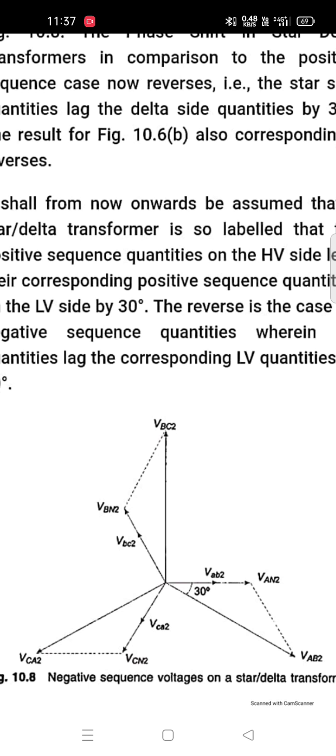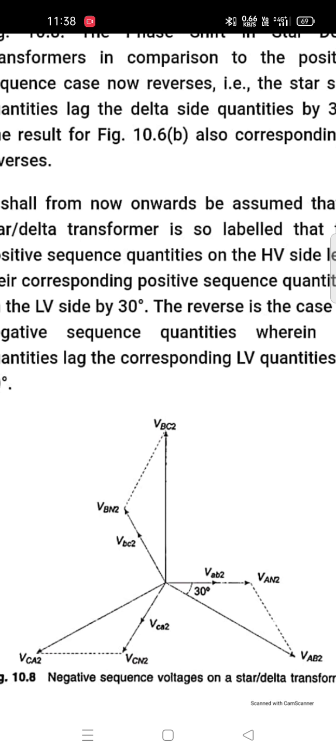From now onwards we assume that a star delta transformer is labeled so that the positive sequence quantities on the HV side lead their corresponding positive sequence quantities on the LV side by 30 degrees. What I say is, positive sequence quantities on the high voltage side lead their corresponding positive sequence quantities on the low voltage side by 30 degrees.